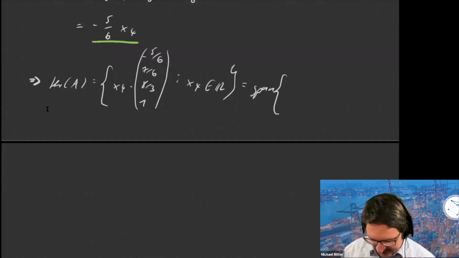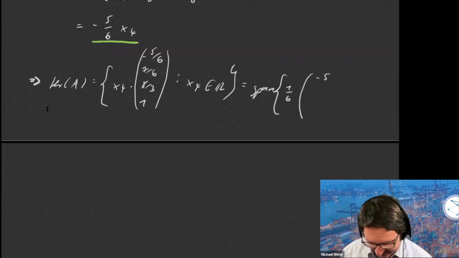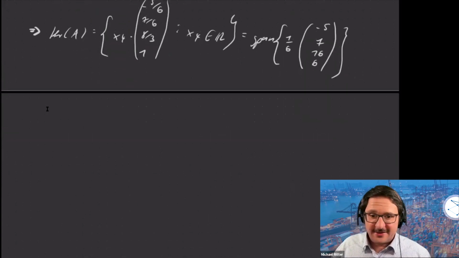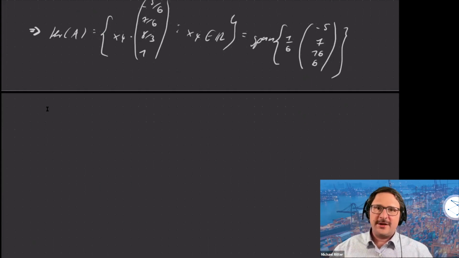Let's take out a 6 to make things a little easier. So that's -5, 7, 16, and 6 over 6. And of course, the span, as you know, is the set of all possible linear combinations of the vectors inside.